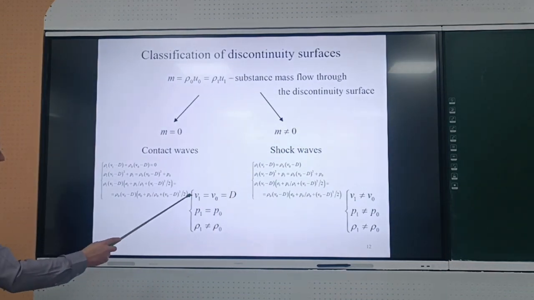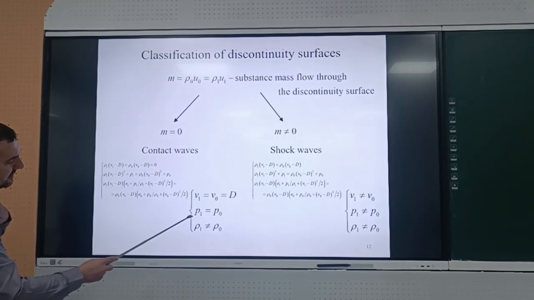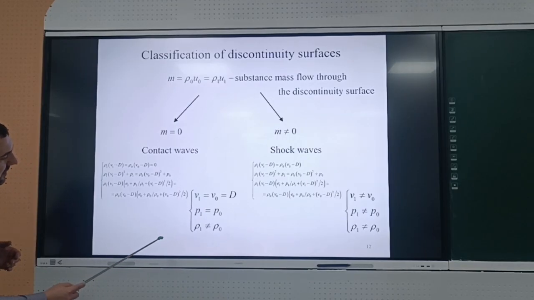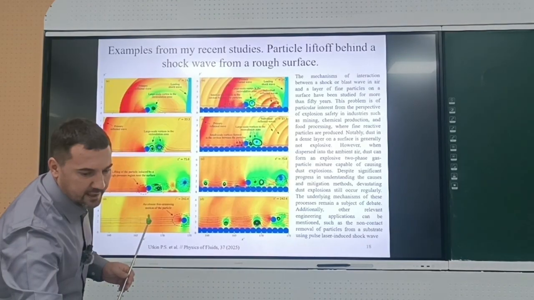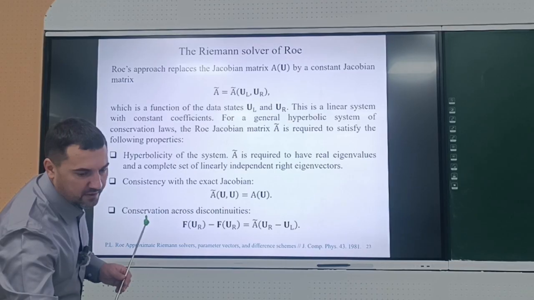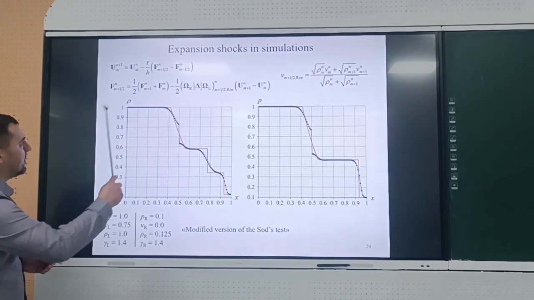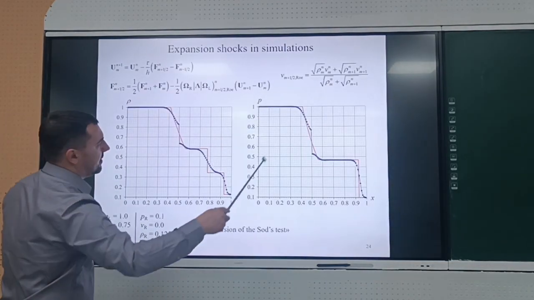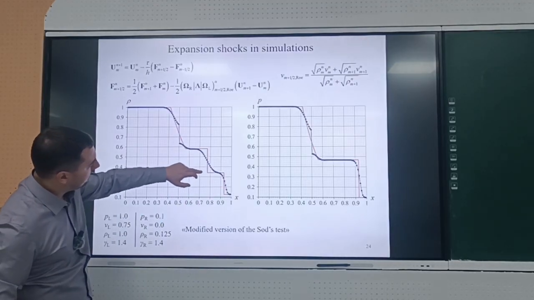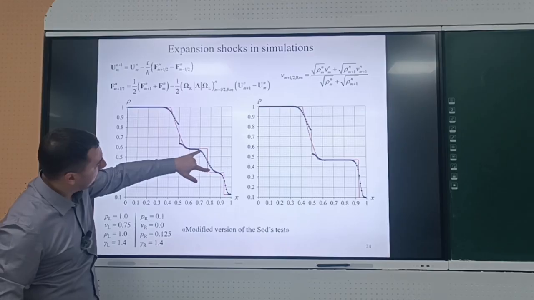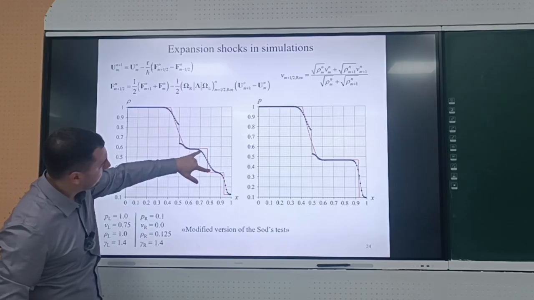For contact waves, velocities are the same, and pressure is continuous across the contact wave, and densities are different. And here I provided you the distributions of pressure and density. And I told you that this is a contact discontinuity. So at the contact discontinuity, you have a jump of density, right?